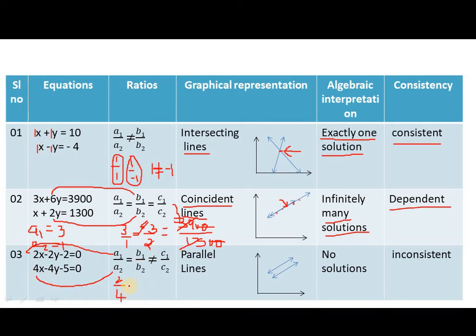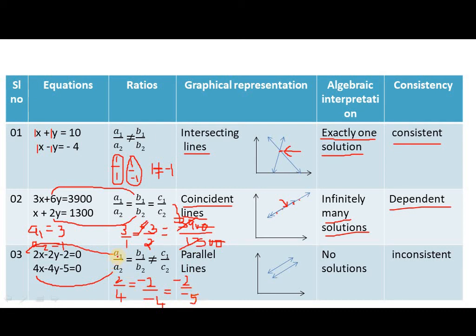Then b1 is minus 2 divided by b2 which is minus 4. Then c1 is minus 2 divided by c2 which is minus 5.